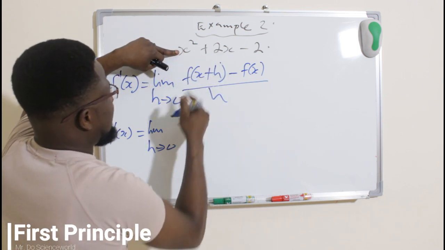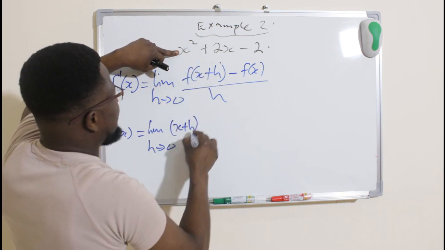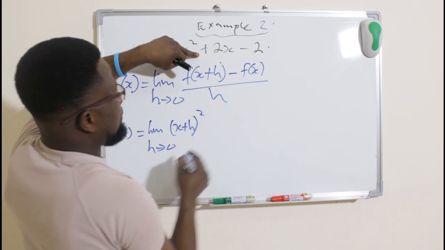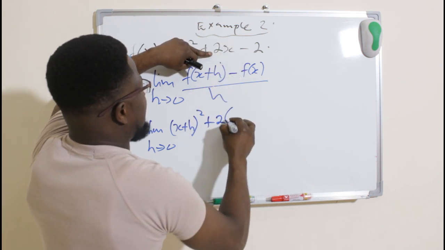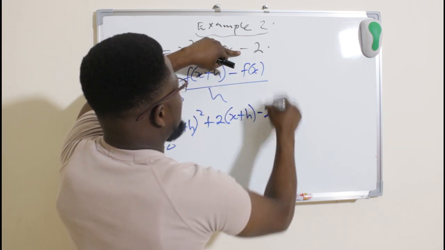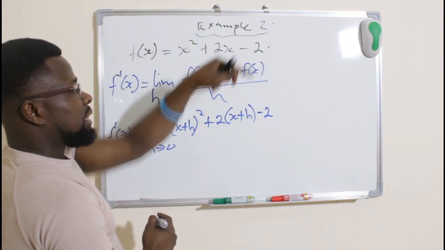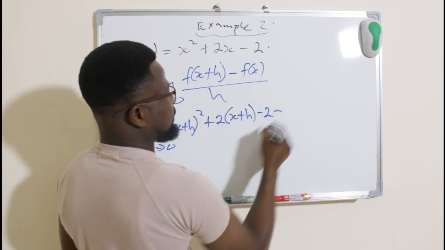So let's move on. There is x here, it becomes x plus h. There is a square, so I need to square that. Plus, there is 2, and there is x again, so I put x plus h. And now we have minus 2. Now the next thing we have, there is a minus sign here. Put that negative sign.